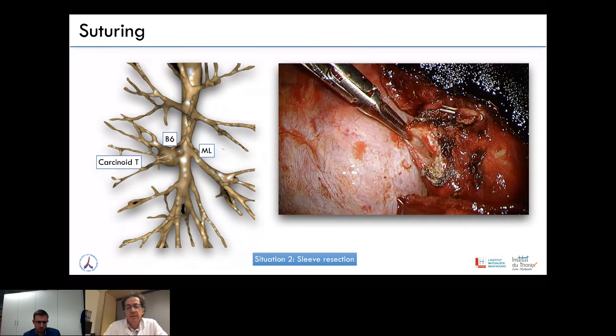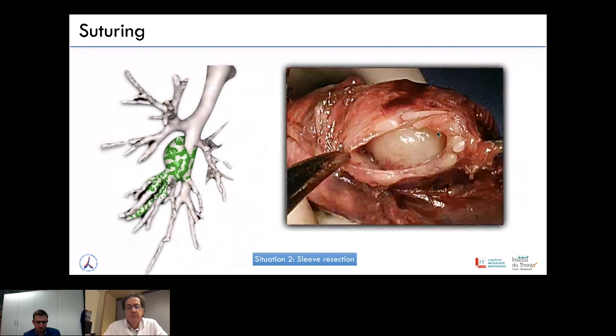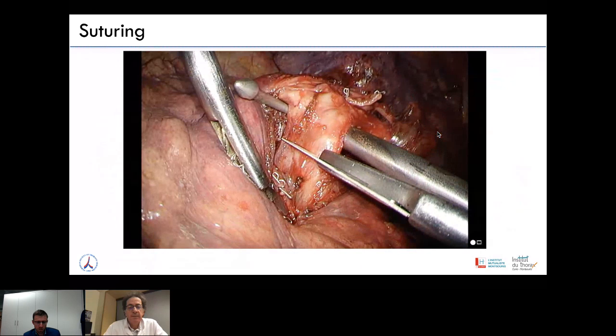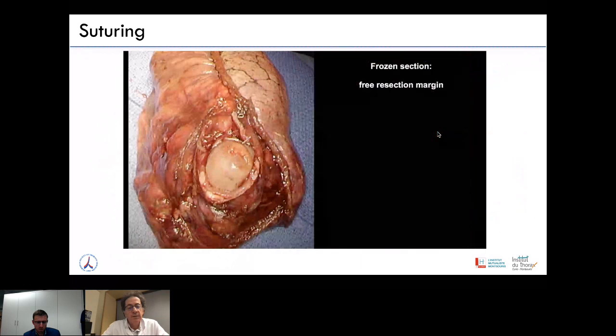Another example here. This is a summary of the way it works. So in another patient, cutting the bronchus by hand, analyzing the resection margins, and then suturing it.